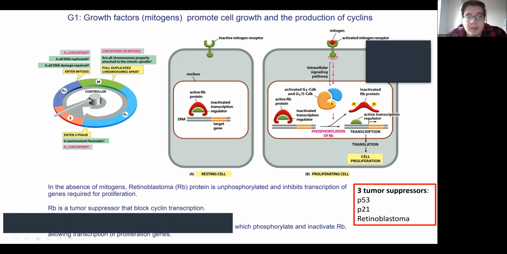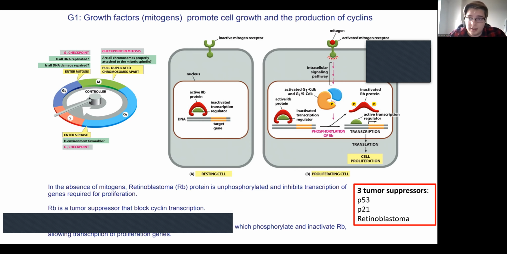And at the end of G2, we reach the second checkpoint, which asks: is all the DNA replicated? That's kind of important if you want to have equal chromosome division into the different daughter cells. And then, is all DNA damage repaired? We want to make sure that we don't have any extra mutations. We need to make sure that there are no mismatches. So we go through and we check all the DNA to make sure that all that's good.